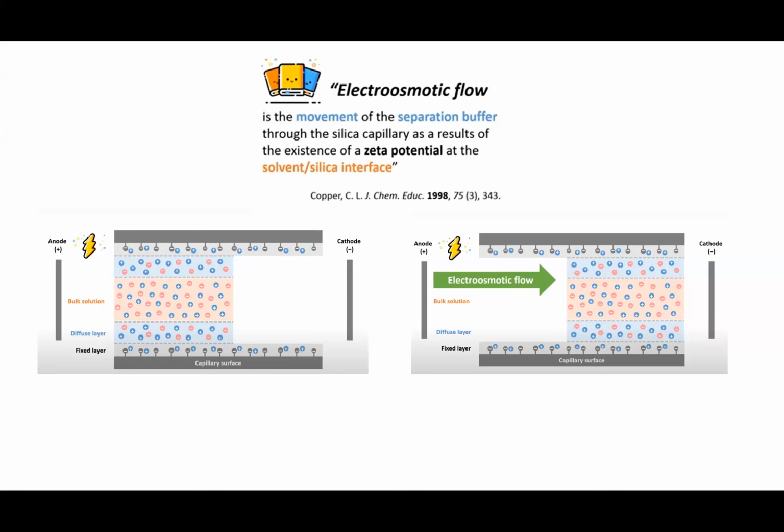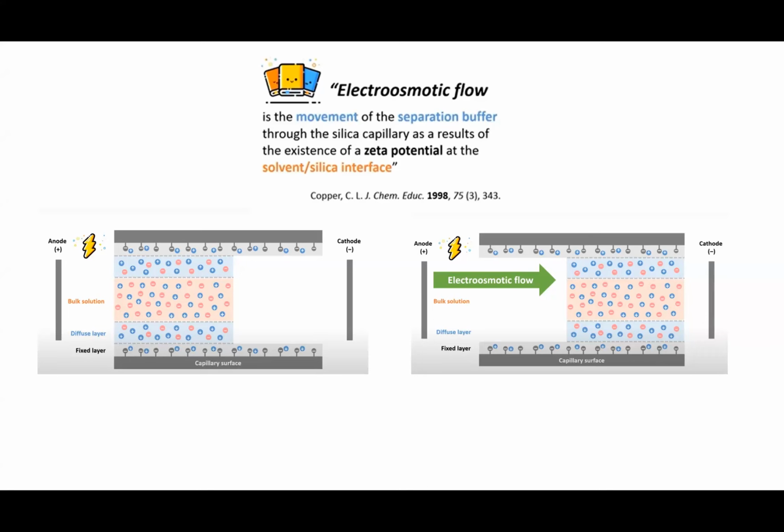So basically in capillary electrophoresis, instead of gel, we have this silica capillary. There are silanol groups on the surface of the silica capillary which are pH dependent, and in high pH they become negatively charged. So just look at the picture on the left side.